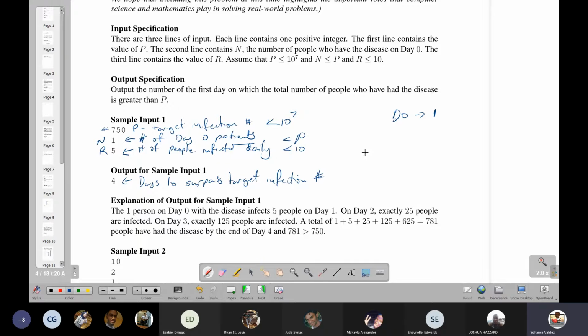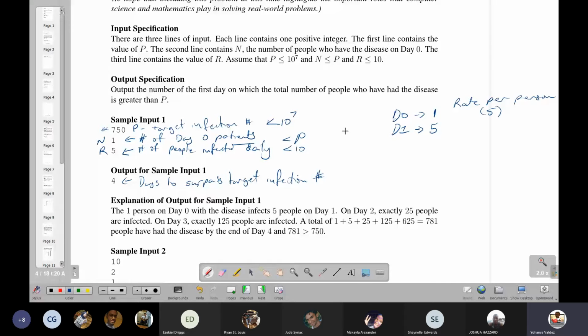So let's say the rate per person to infect is 5. So this 1 person will cause 5 new infections. So our total infections at this point is 6, this 1 person and the 5 new people they infect.